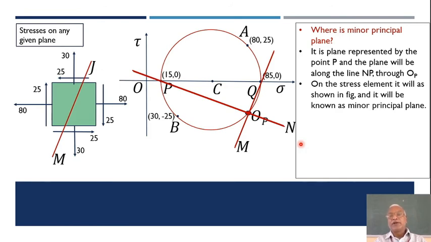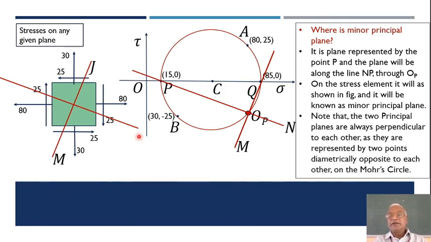Now how do you do that? You should draw a line parallel to that there. So that represents the minor principal plane. You can just see here, we are joining two points on the circumference that are diametrically opposite. That's why this angle is 90 degrees. So to say, the angle between principal planes is always 90 degrees.